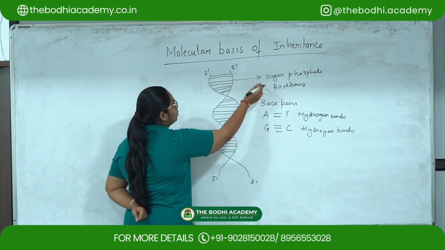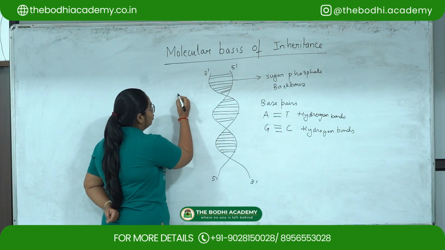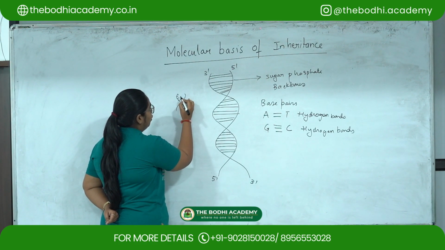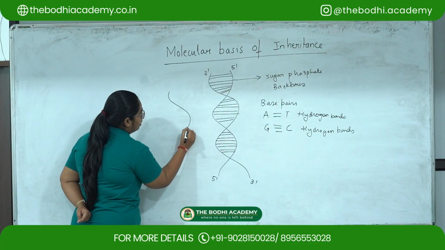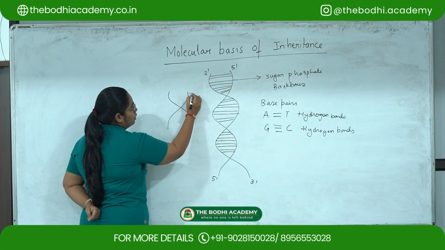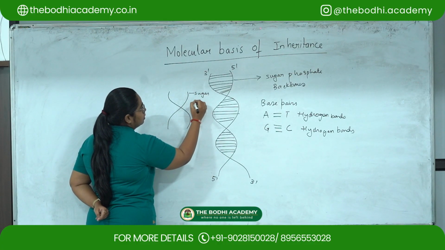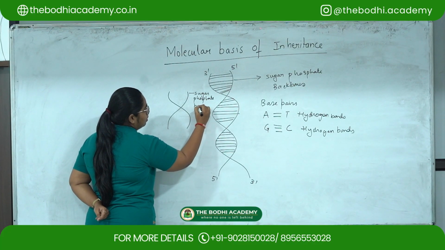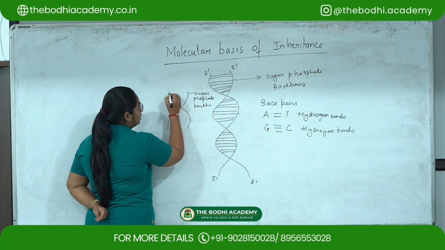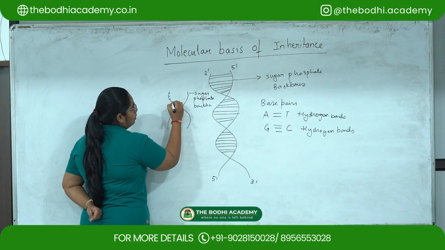So these are the sugar phosphate backbones. The sugar phosphate backbones will consist of your, okay, these are your sugar phosphate backbones. This consists of 4 base pairs each.